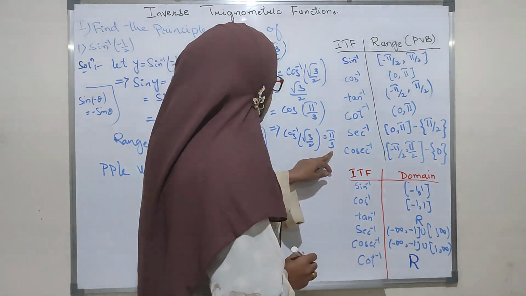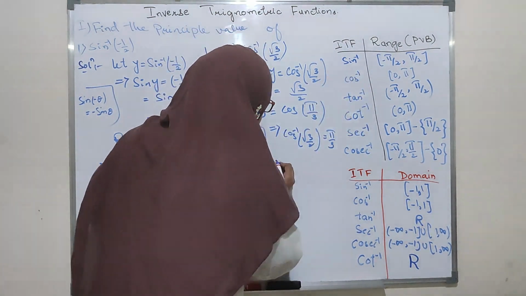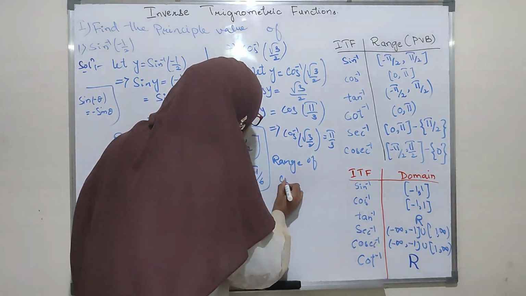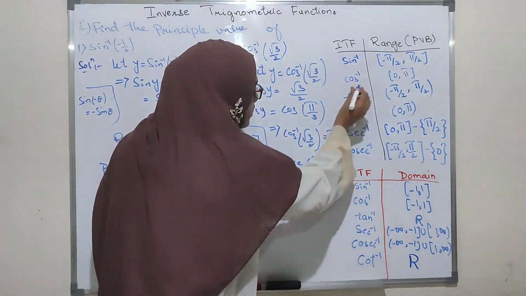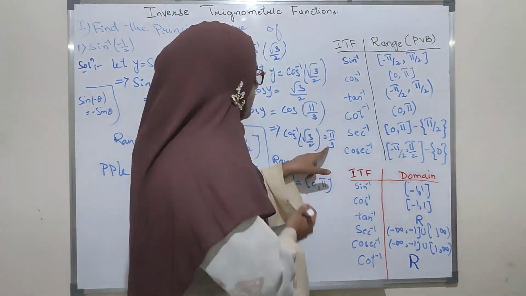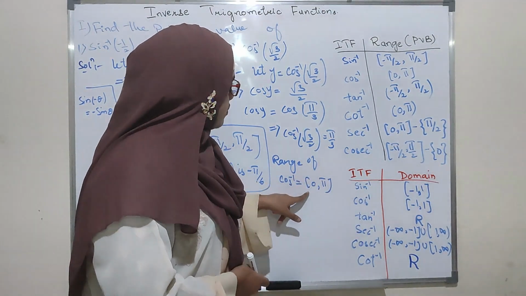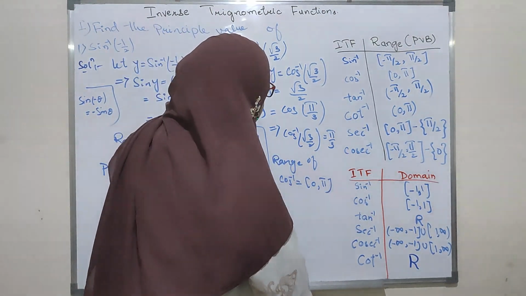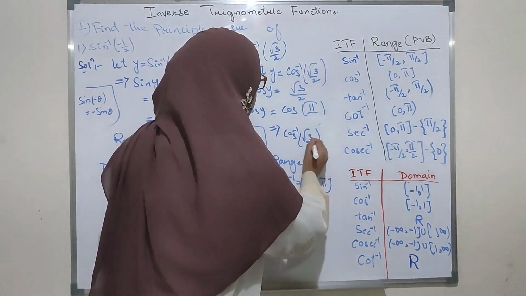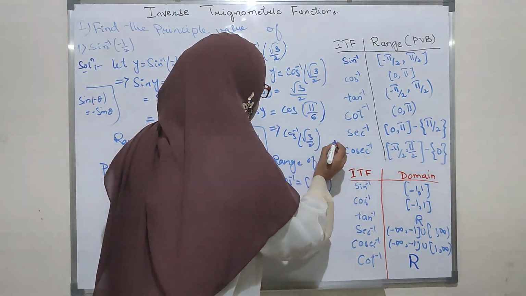Now we have to check whether these values lie in between the range value for cos inverse. The range of cos inverse of x is 0 to pi, closed interval.